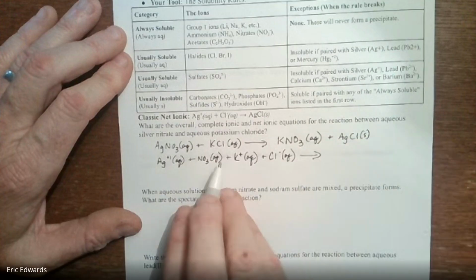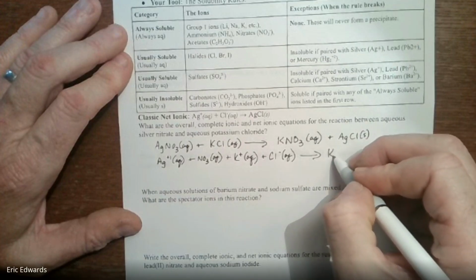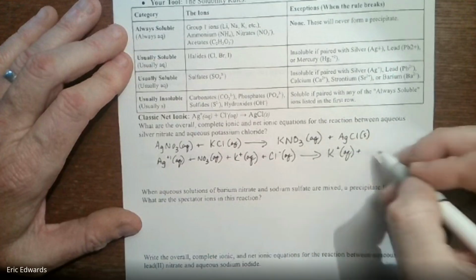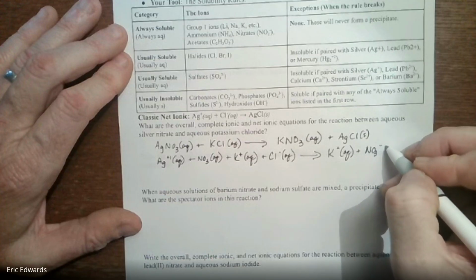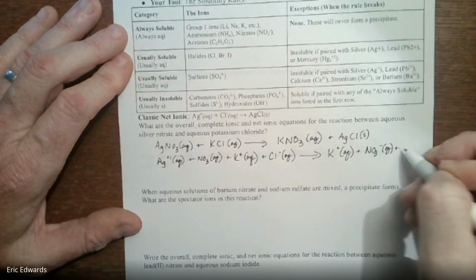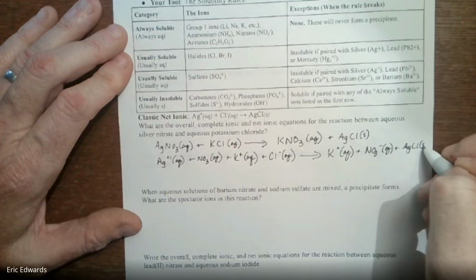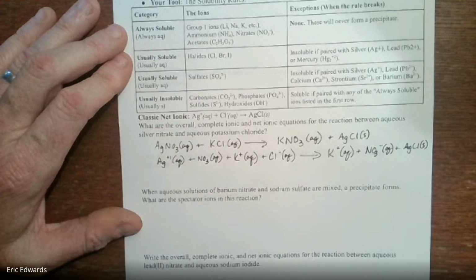And then what happens is the potassium continues to be aqueous. The nitrate also continues to be aqueous. And then we have the AgCl, which is going to be the solid. And this would be the complete ionic reaction.